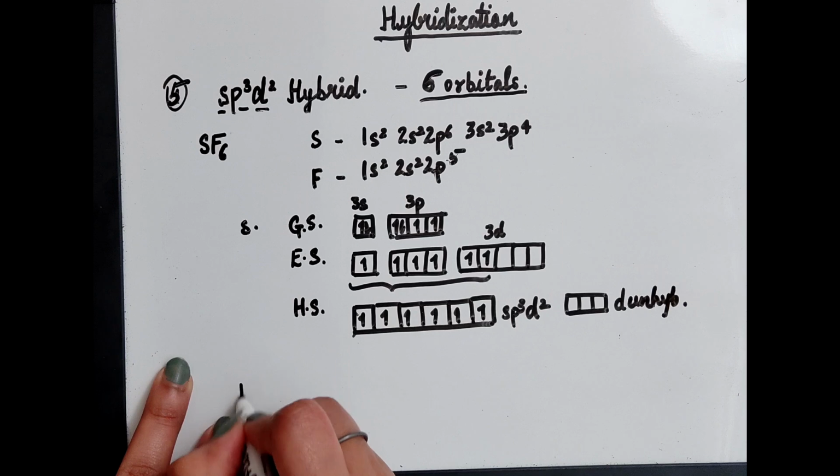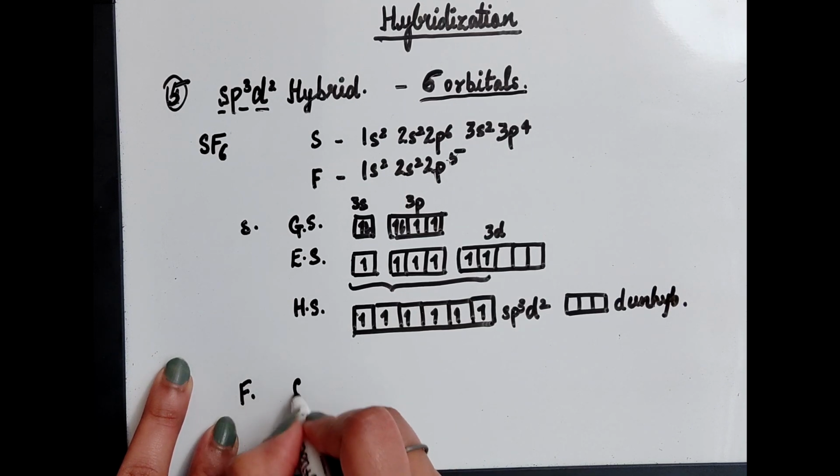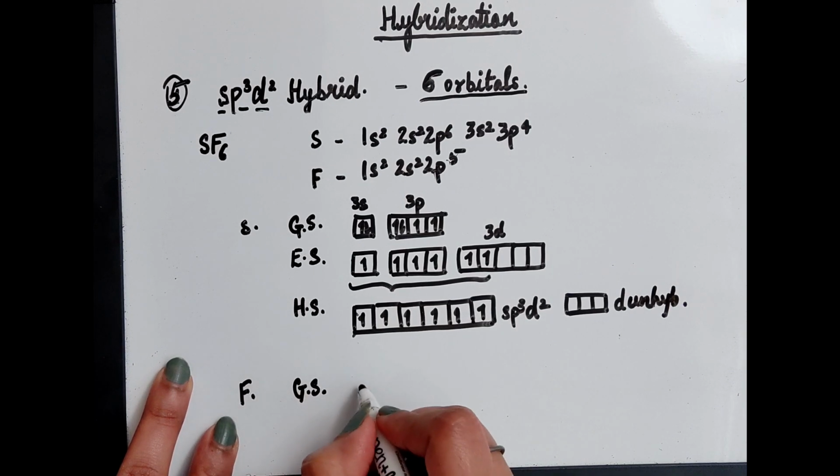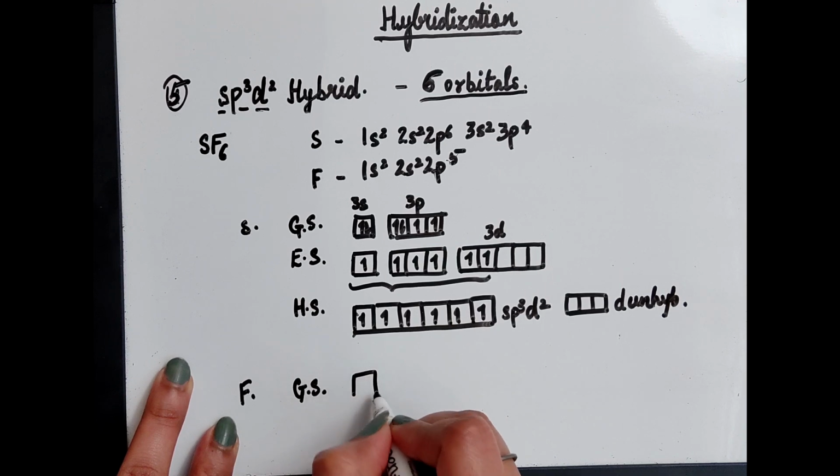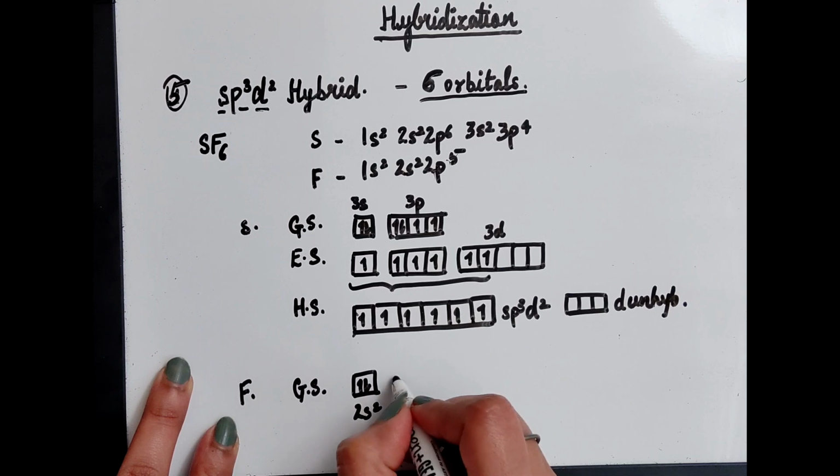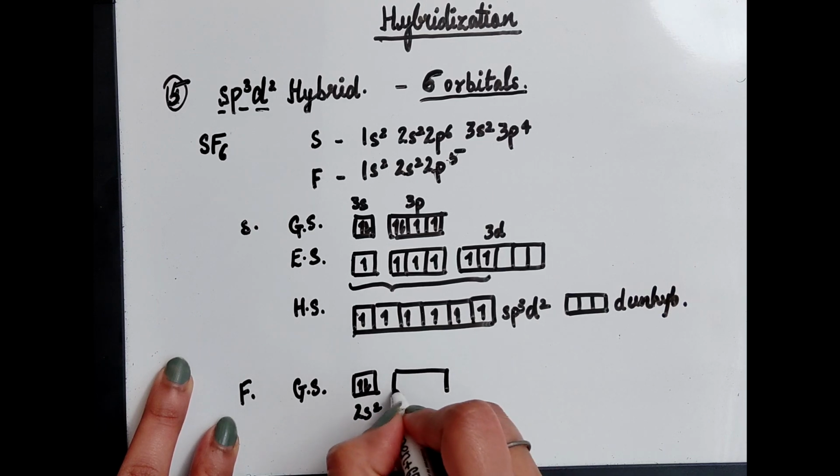Now come to fluorine. For fluorine, the ground state will be 2s2 and 2p5.